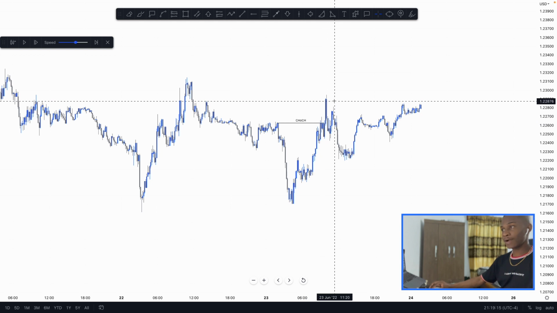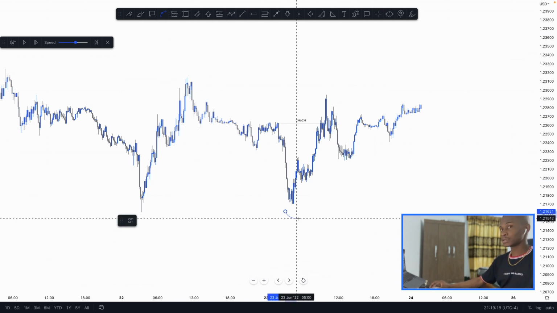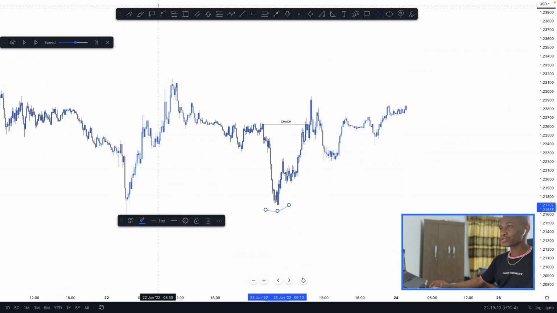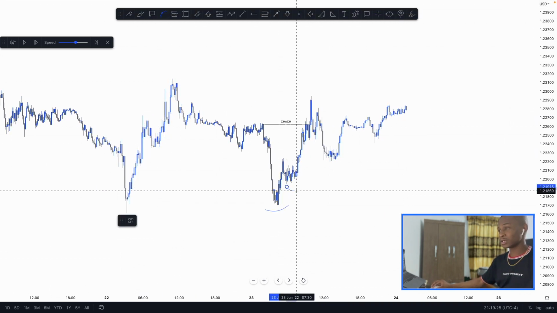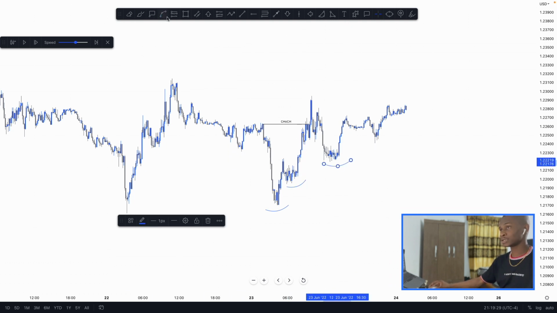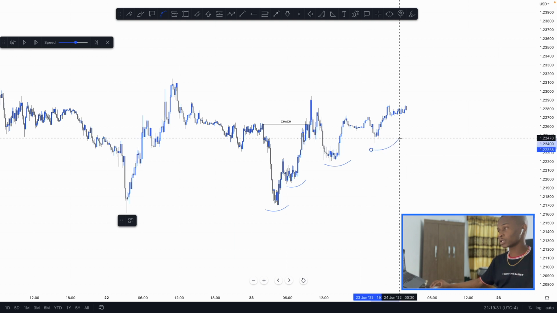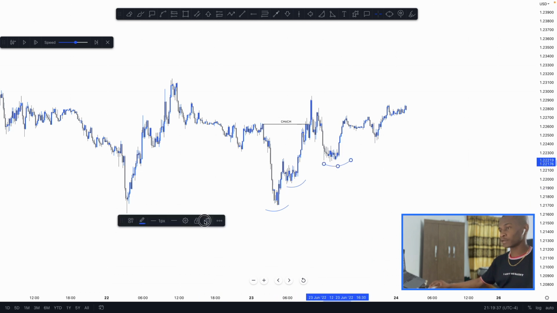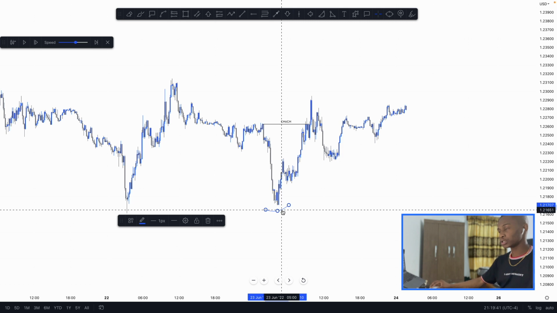We also realized that the market was creating structural highs, so higher highs and higher lows. This is highlighting the order flow of the market. So we were inside a bullish market, and I was looking for buying opportunities.